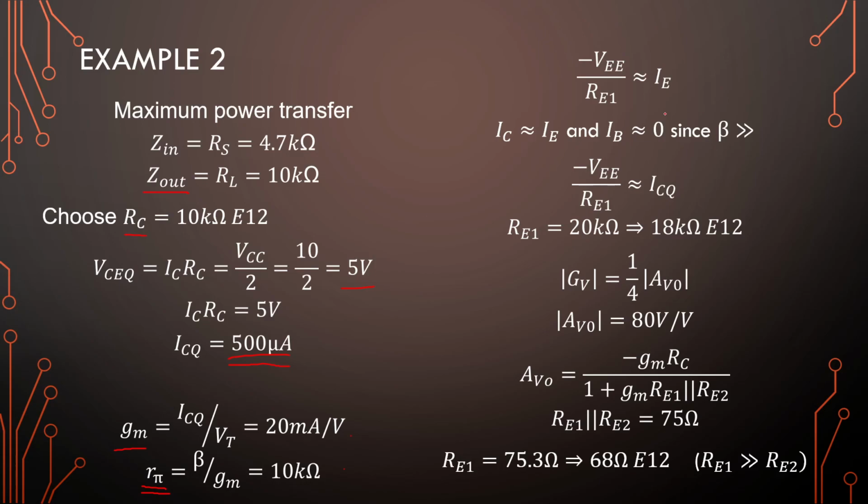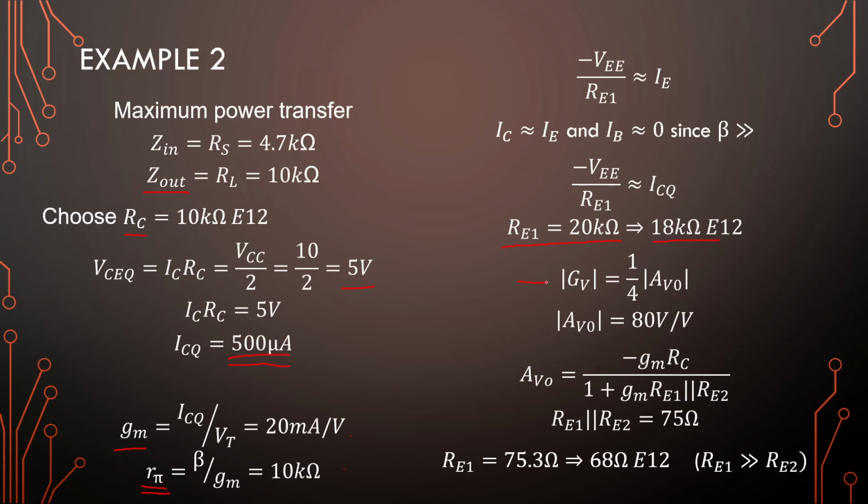Okay, then from our emitter side, since we assume that our collector and our emitter current is roughly the same value, we can say that IC Q point is our VEE over our RE1 approximately, and we get 20 kilo ohms, and we select the 18 kilo ohm right here, and that is our bias stabilization done.